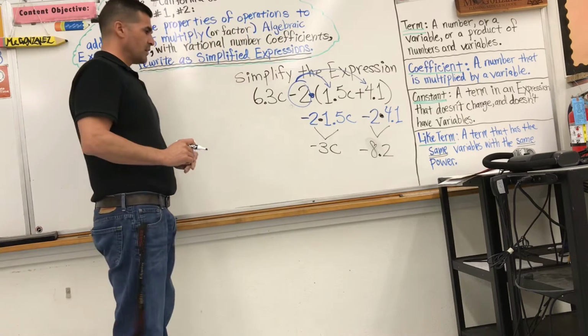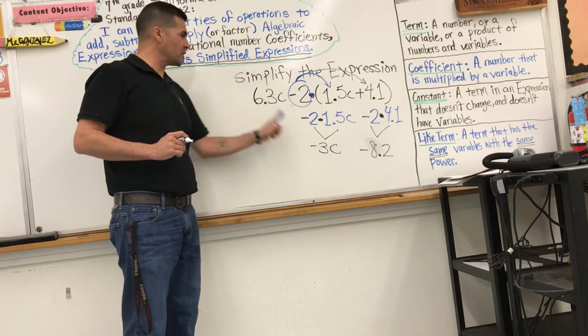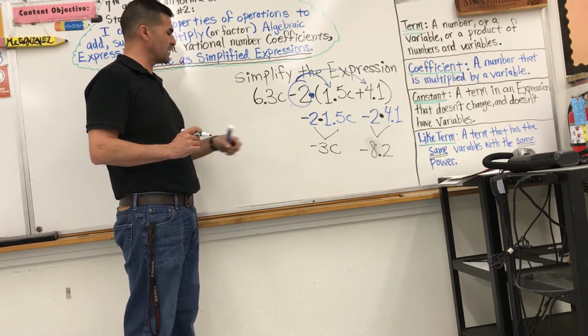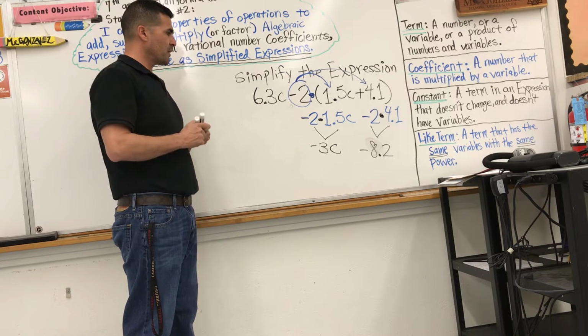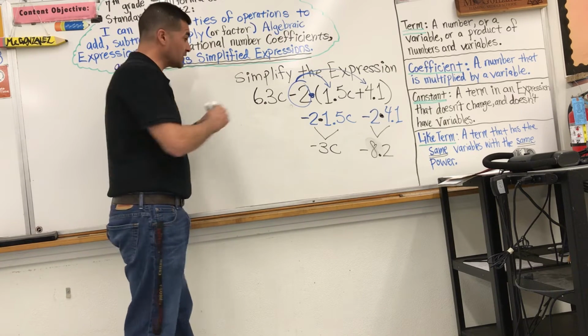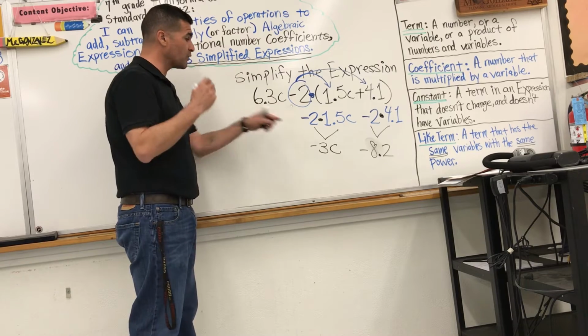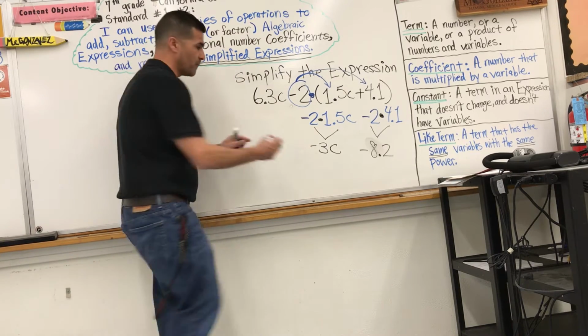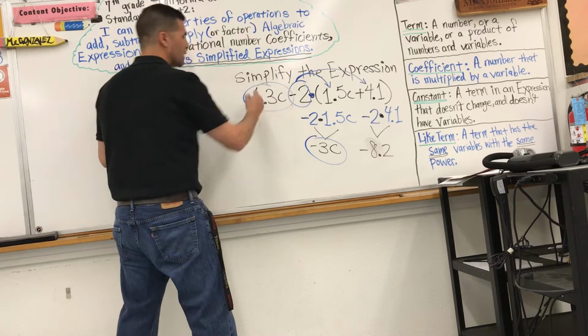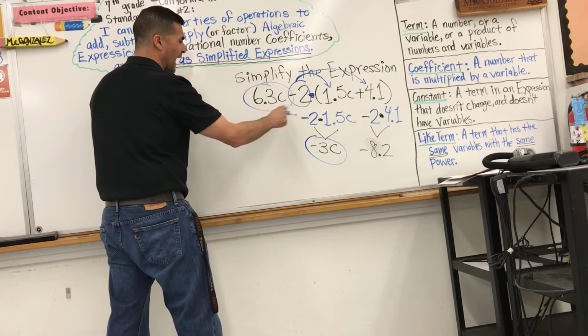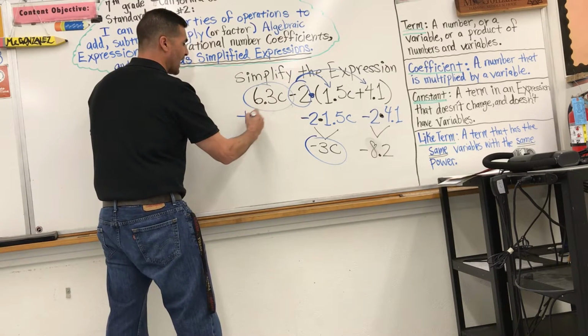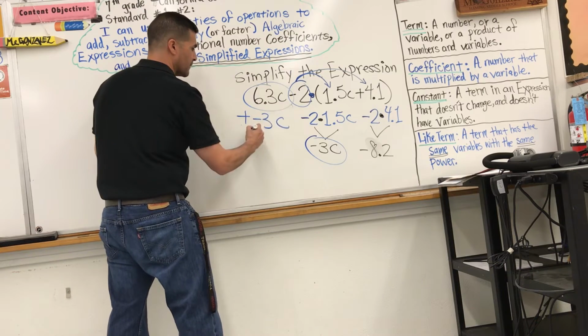Which one of these terms looks like 6 3/10 c? There's only one variable, c, and there's only one coefficient that has the same variable, the negative 3c. So these are the terms that need to be added together.